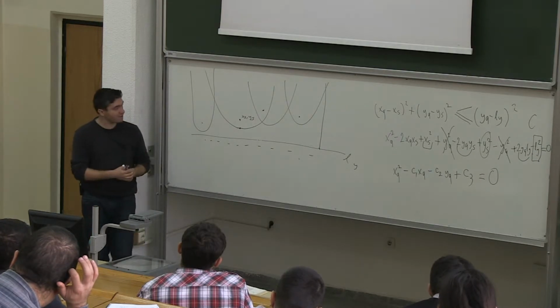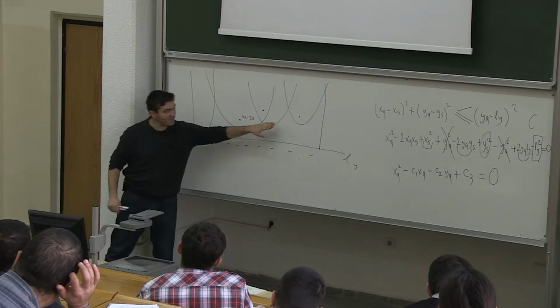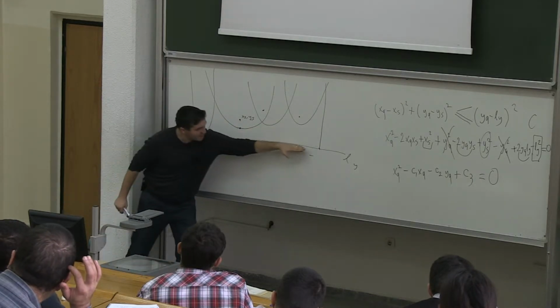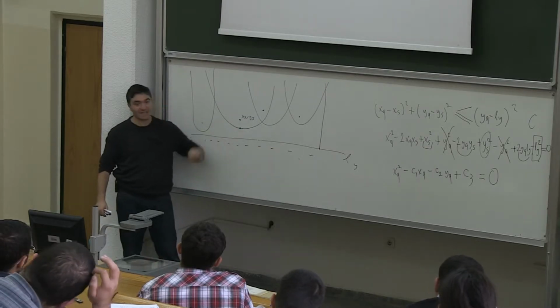What we are going to define is the intersection of parabolas that are closer to this enemy line, which actually looks like a beach line.